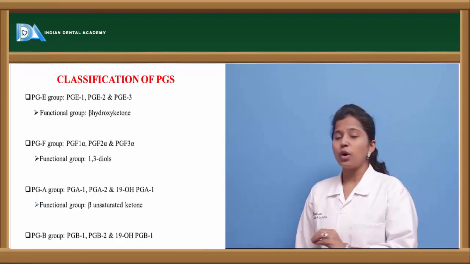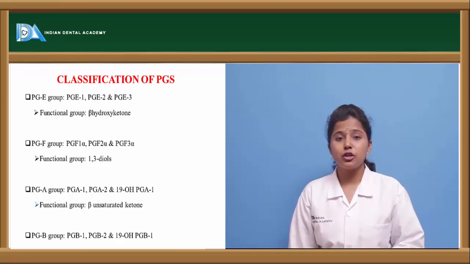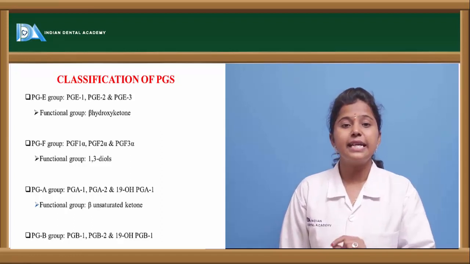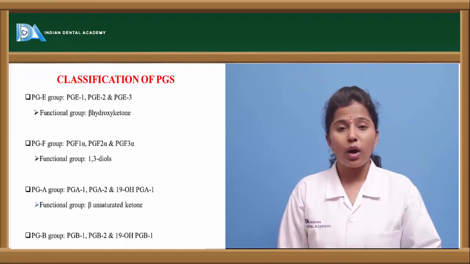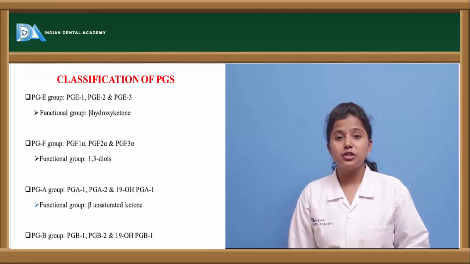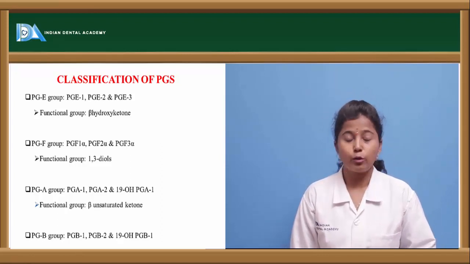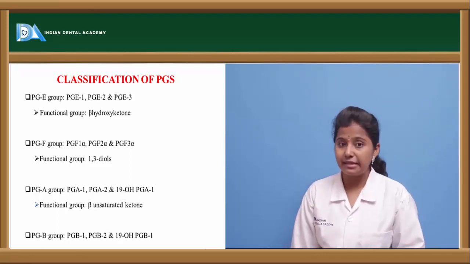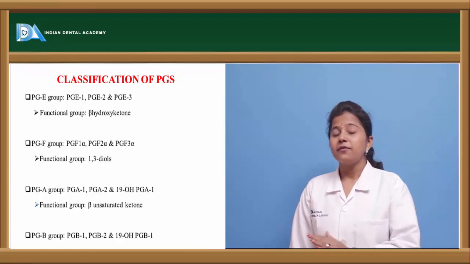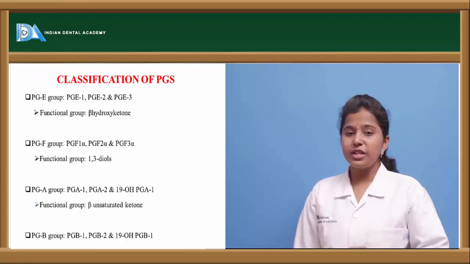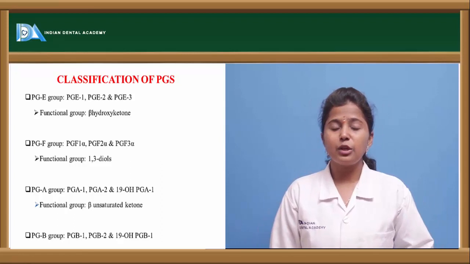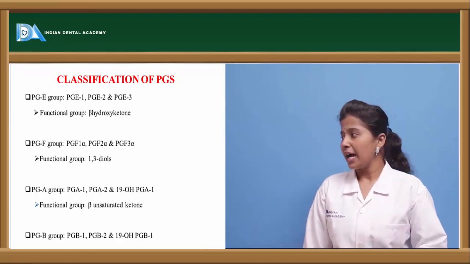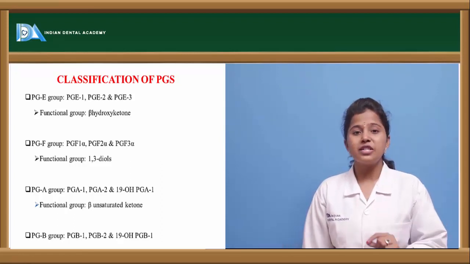This PGF2 is mainly categorized by the functional group called 1,3 diols. That is, when on the first position and third position a hydroxyl group is present, OH group on C1 and C3 carbon atoms, then this PGF2 is formed. PGA are further classified into PGA1, A2 as well as 19OH PGA1.